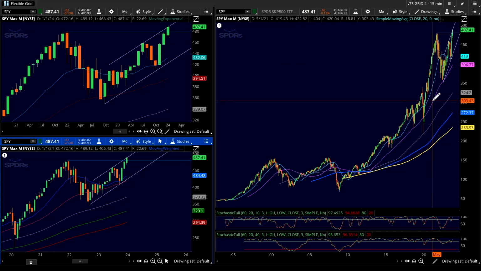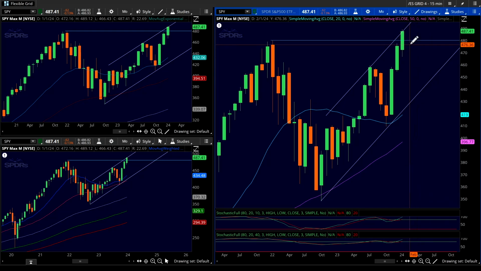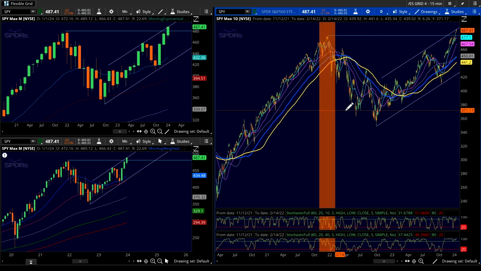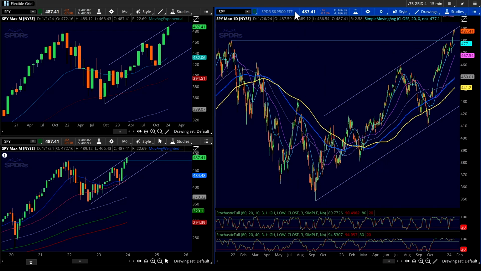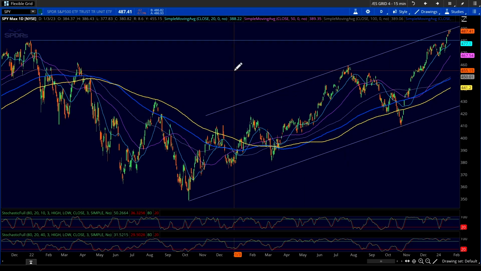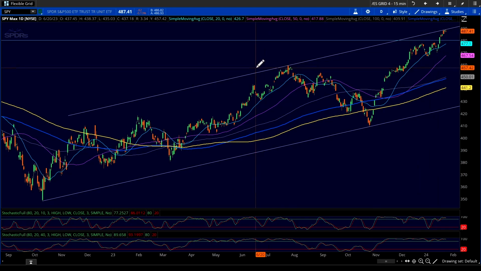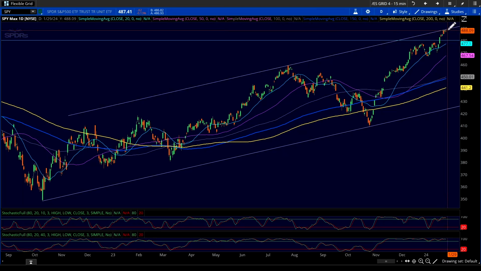So January could be a high, let's say, and plus that channel. So watch that channel that we got on the daily. There's the daily. Let's make this bigger. If this is a legitimate channel that we got right here, it looks pretty good to me, and it's bouncing off this line right here.